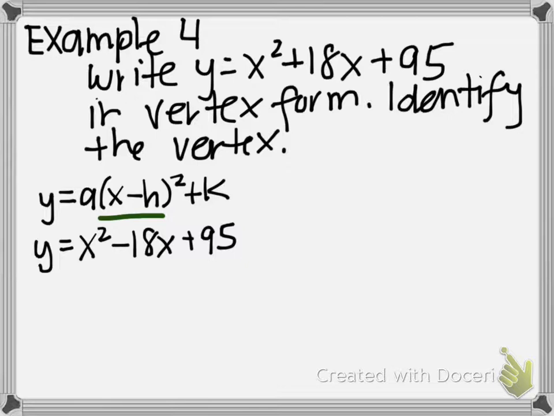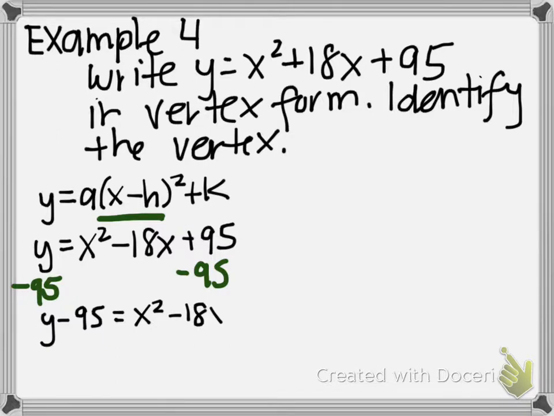So again, just like the other ones, I know that this 95 here is not the number I want as a third term to change this entire thing into a squared binomial. So I'm going to subtract 95 from both sides. So we get y minus 95 equals x squared minus 18x.